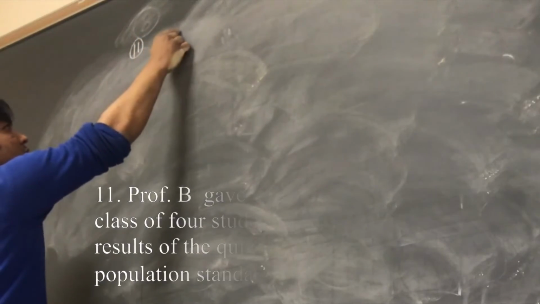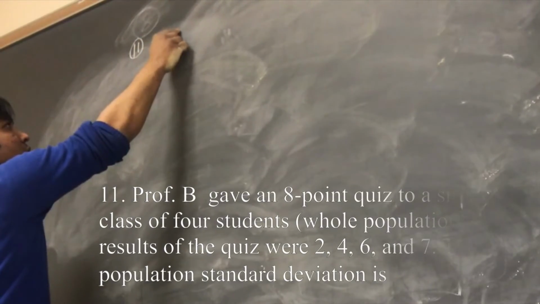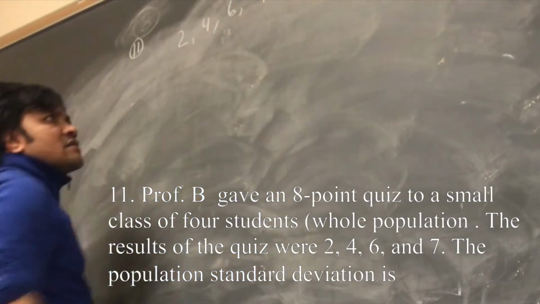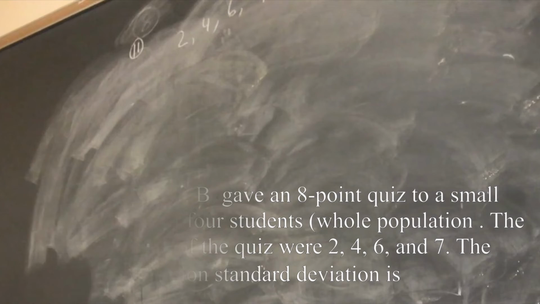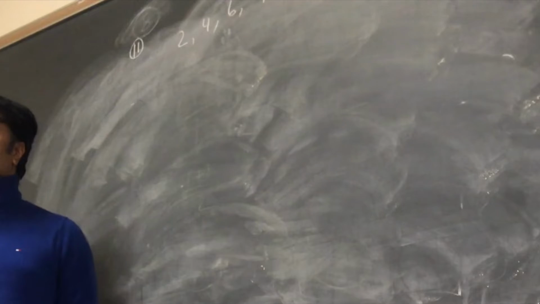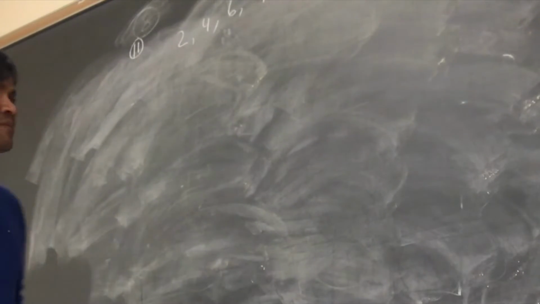The results of the quiz were 2, 4, 6, and 7. The population standard deviation is... okay, so let's find the population standard deviation. In order to find it, we have to find what? Can anyone remind me? The mean. Okay, we have to find the mean.